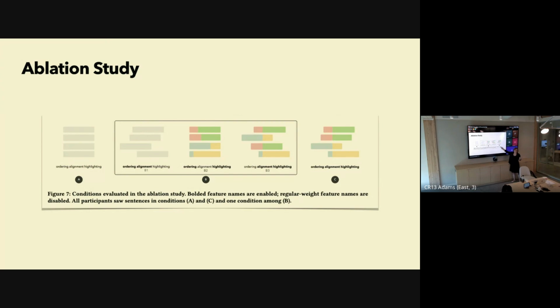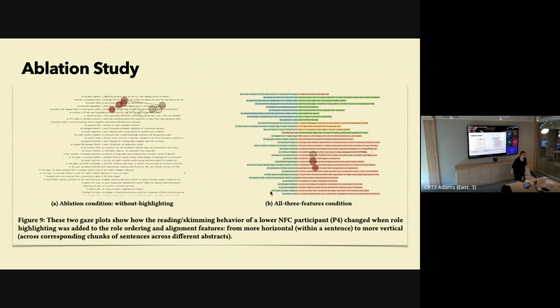To give you an example, when you didn't have all the features turned on, people would often read mostly across. And then when we had all those features turned on, if they were willing to be led by the system, they could read across rather than within.